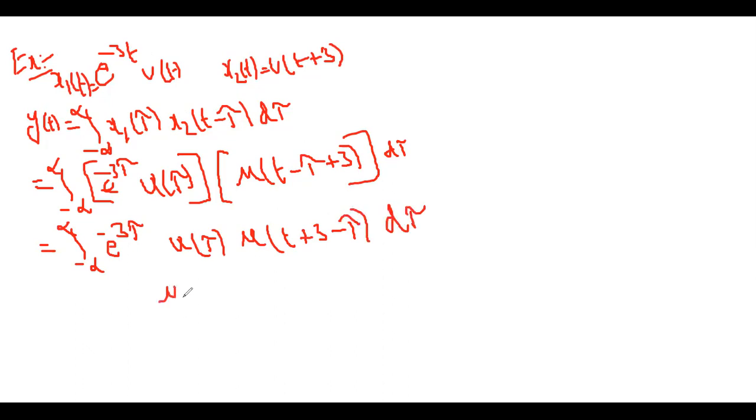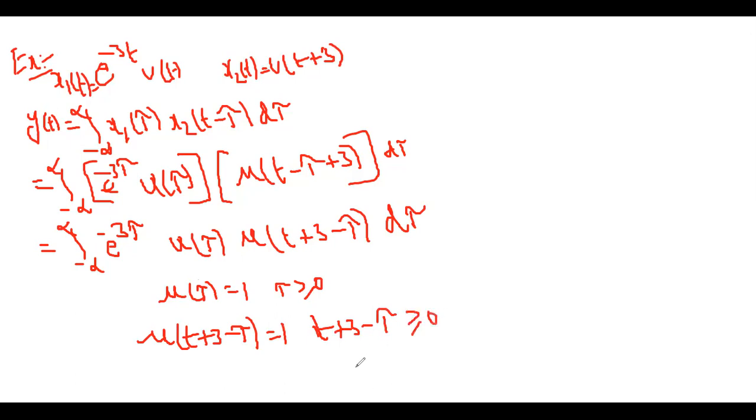Now we know u of tau is equal to 1 for tau greater than or equal to 0. One relation. In a similar way, u of t plus 3 minus tau is also equal to 1 for the condition that t plus 3 minus tau is greater than or equal to 0. That is, t plus 3 is greater than or equal to tau. So from the left hand side to the right hand side, take the minus as a plus.